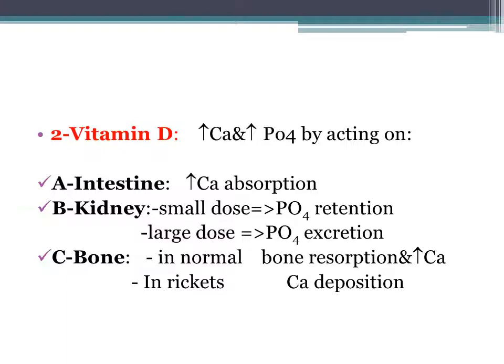Second, which also controls the calcium level, is vitamin D. The main source of vitamin D is sunlight. It maintains the calcium level within this range by increasing calcium absorption from the intestine, and its action in the kidney and in bone.